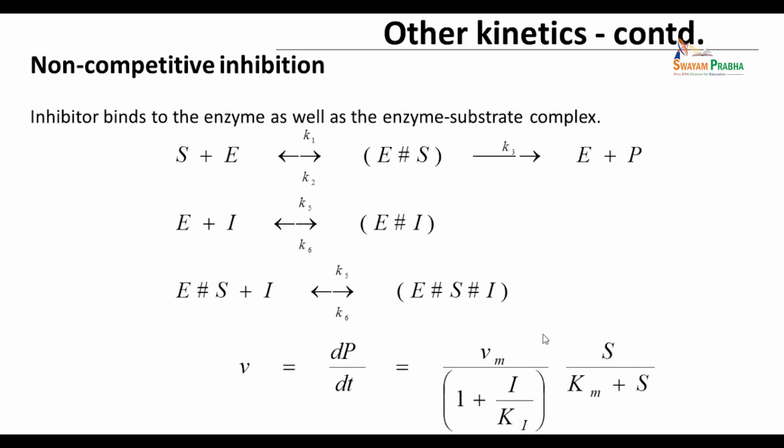As you can recognize here, our Michaelis-Menten was Vm S by (Km plus S). Here it is Vm by (1 plus I by Ki) into S by (Km plus S). Vm has been modified, Km has not been modified in the case of non-competitive inhibition. Vm changes, Km remains the same.